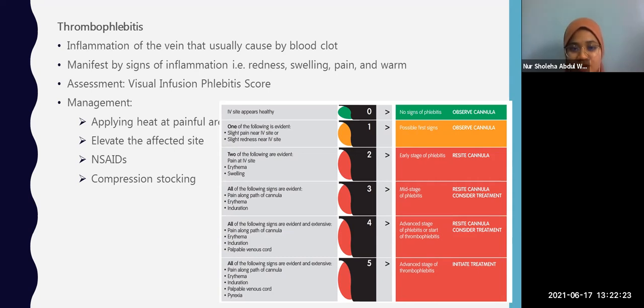We cannot use the vein anymore. The same goes for grade 3. We need to resite the cannula, and we need to consider the general management, such as applying heat, elevating the affected site, giving NSAID, and also compression. It is also the same for grades 4 and 5, whereby we need to resite the cannula at once and initiate the general management.